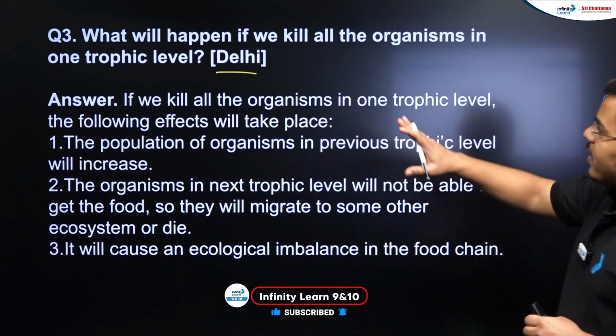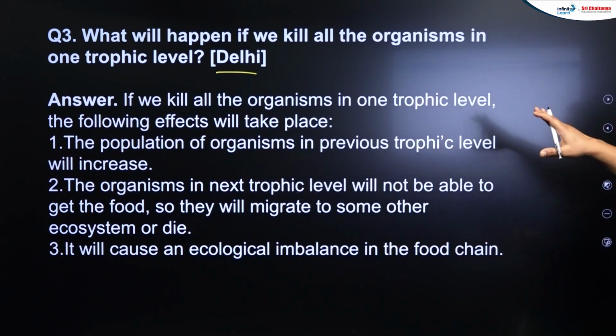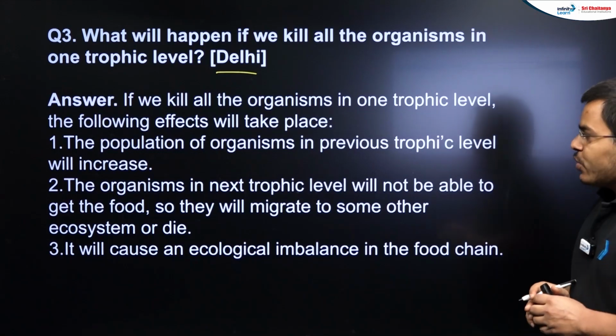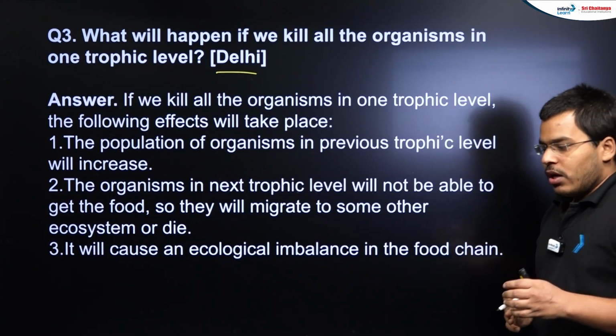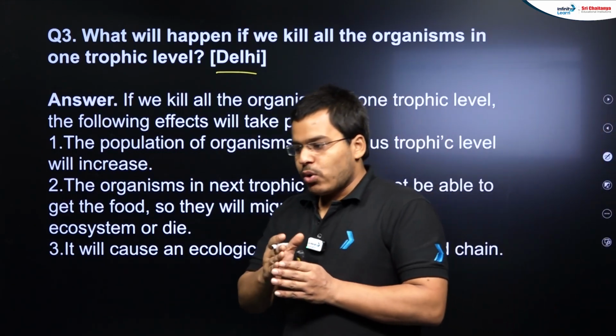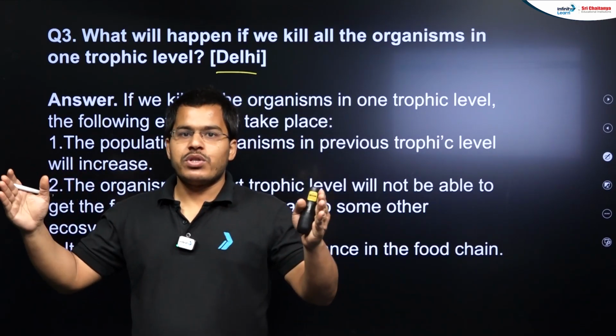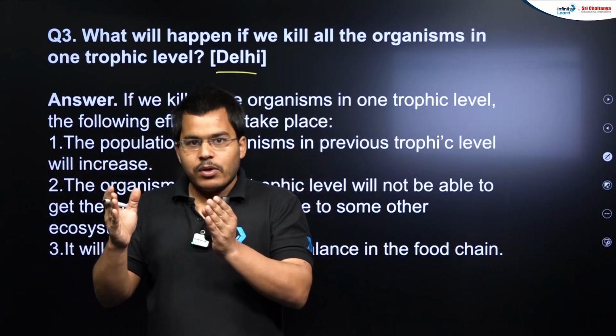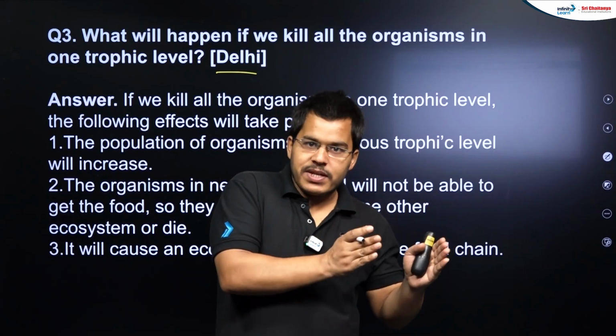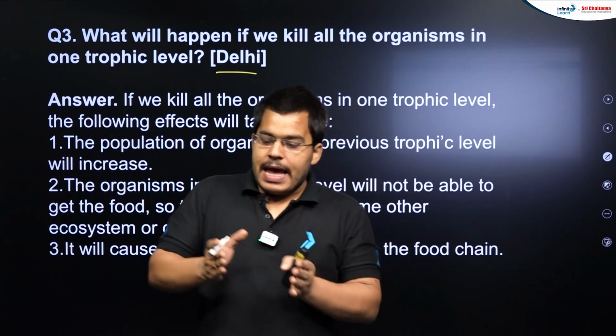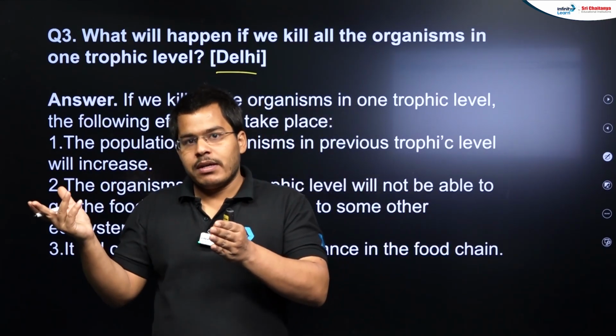Now what will happen if we kill all the organisms in one trophic level? First of all, that whole trophic level is supporting the whole food chain. It is eating the animals of the previous trophic level, and they are food for the next trophic level.